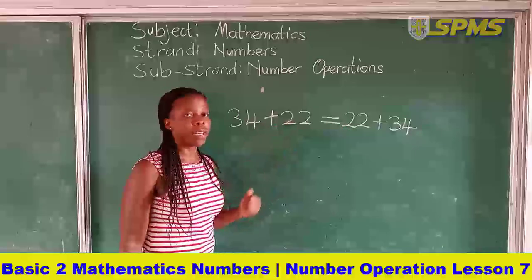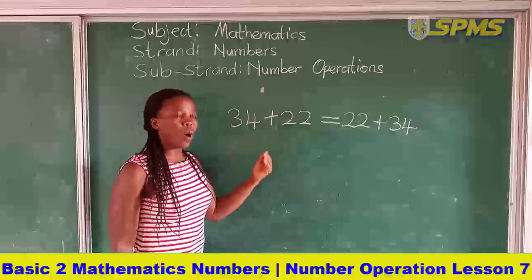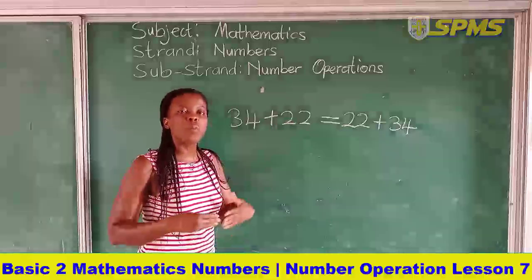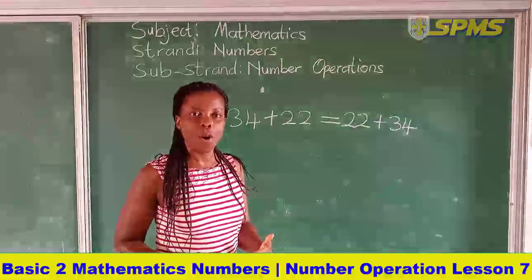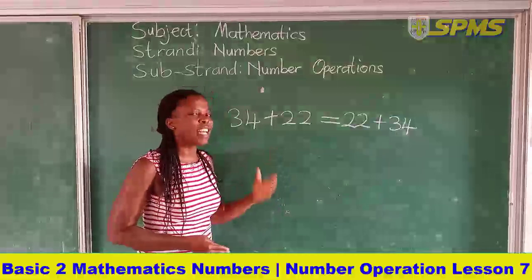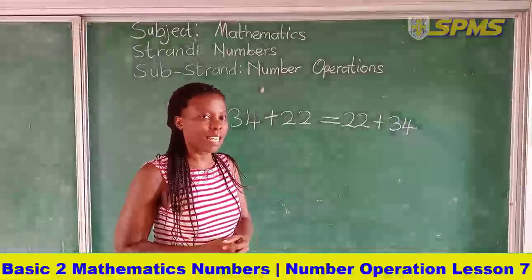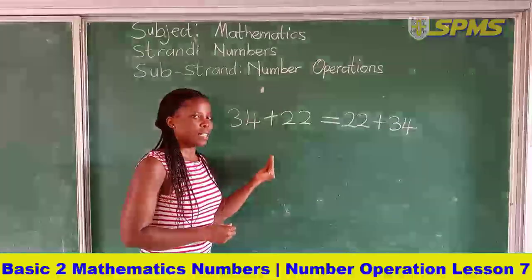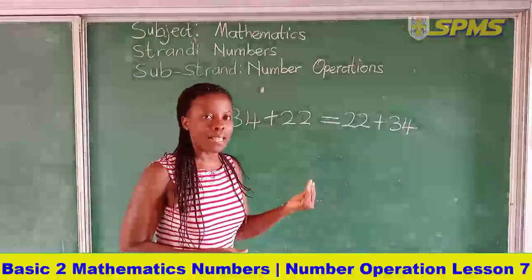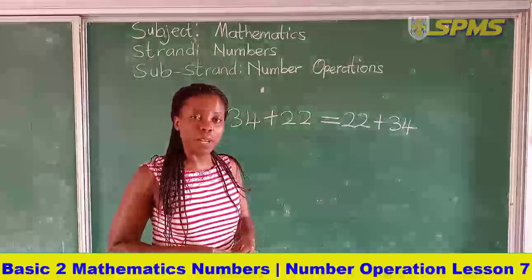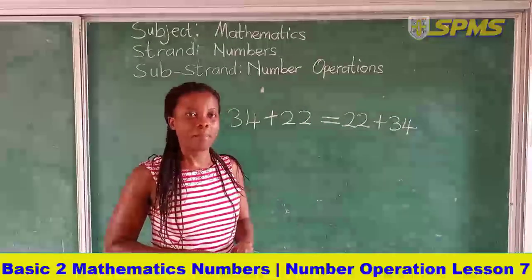By so doing, the addends or the numbers have been commutated, or arranged in a commutative manner. Let's see if we add, we can get the same answer.